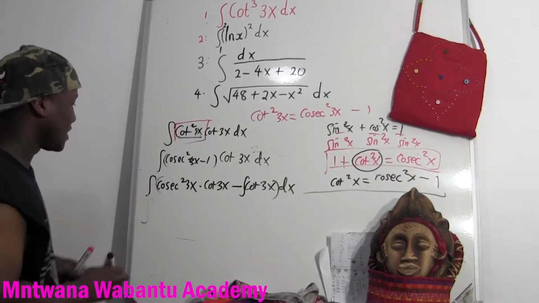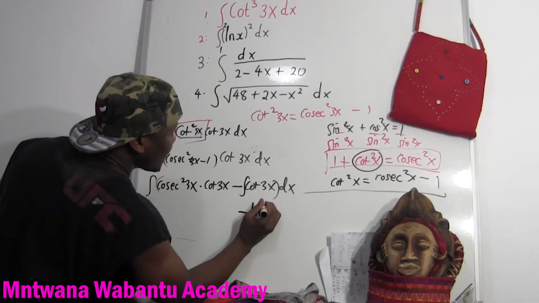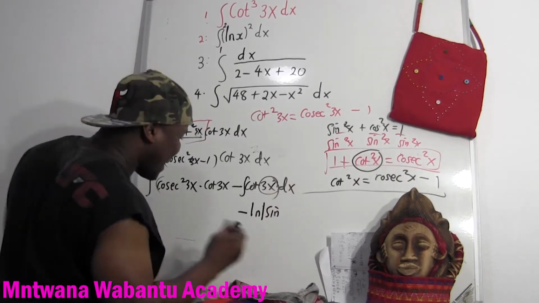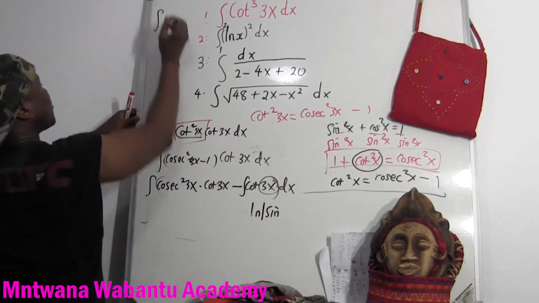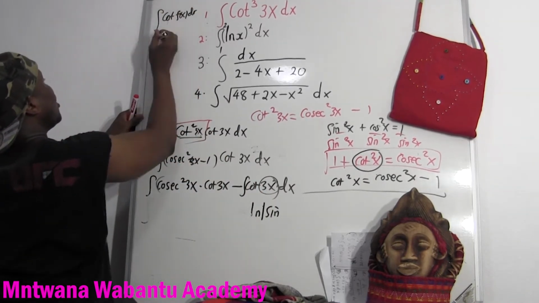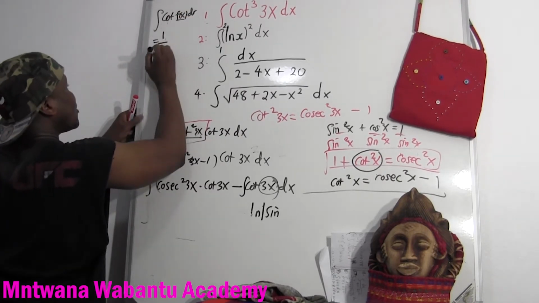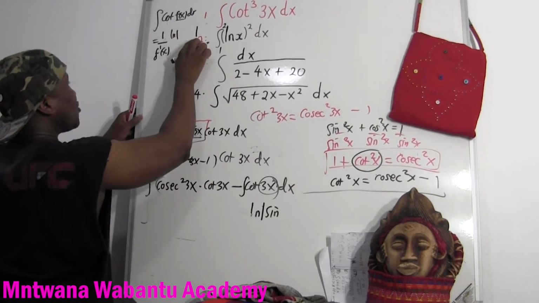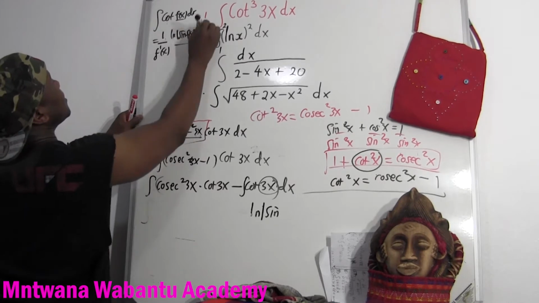The next thing: when you integrate cot, it's a ln, so this gives ln of sine of this one here, but don't forget what's outside. If you integrate cot f(x) dx, you get 1 over f prime, then ln absolute of sine f(x). You see what I'm saying?